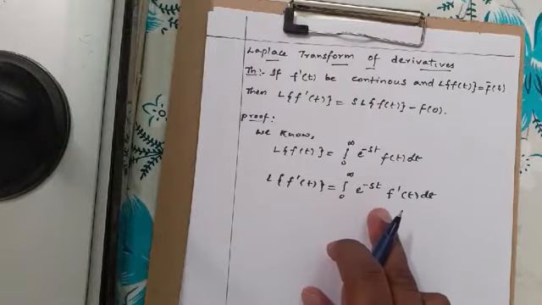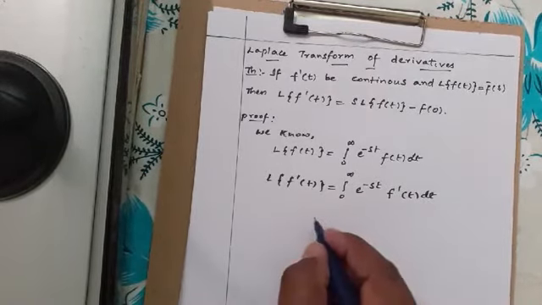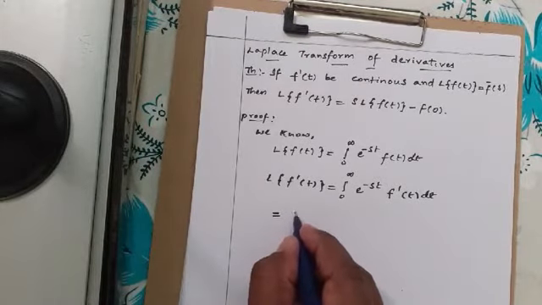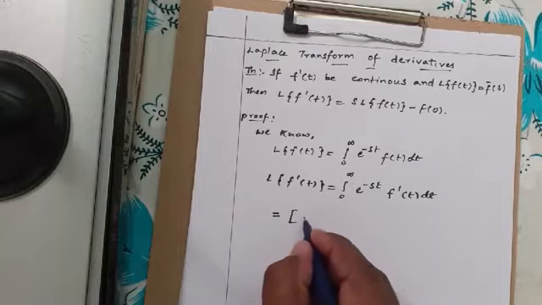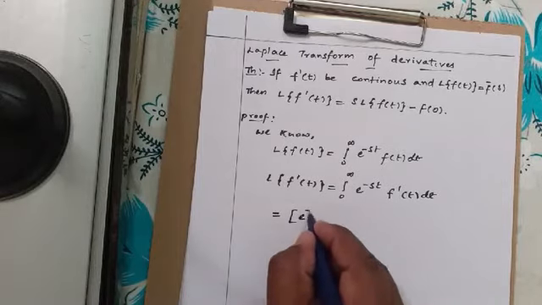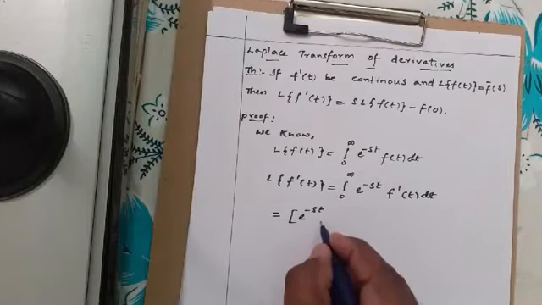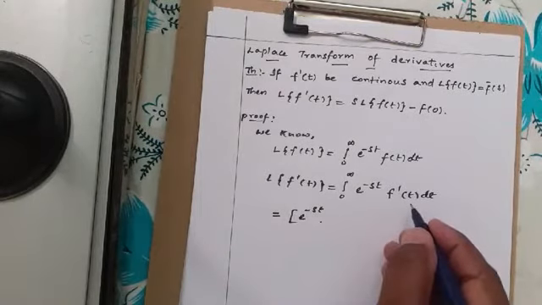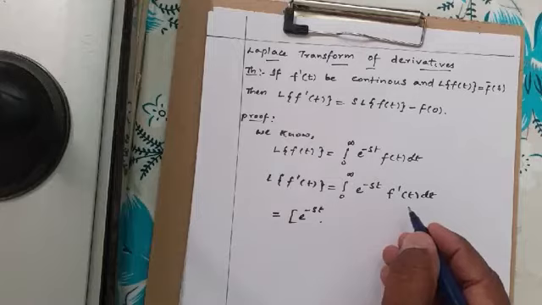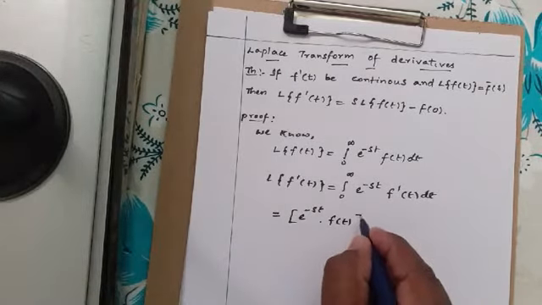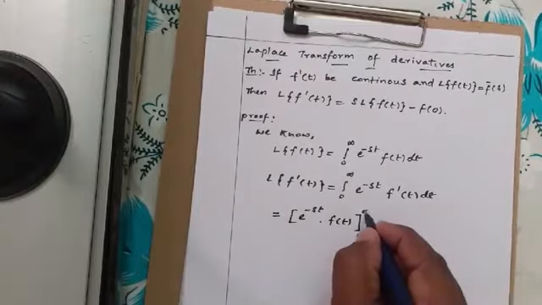As you are all aware of that formula, let us directly write based on it. Here u is e power minus st, then the integral of f dash t: differentiation and integration cancel, so you get only f of t. The limits are 0 to infinity.